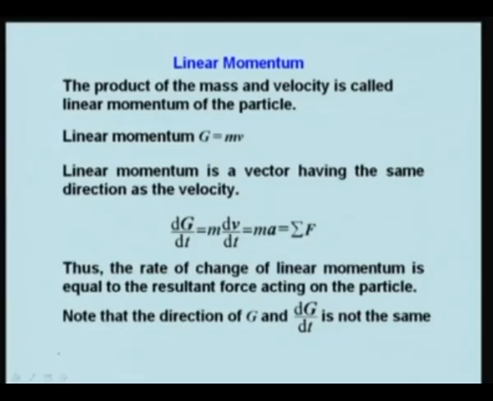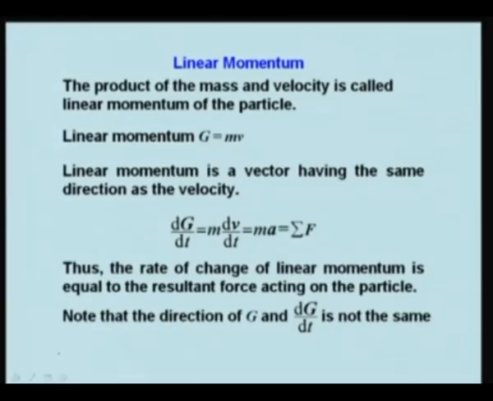Instead of mass into velocity square, we can have mass into velocity, which is simpler. One can have, of course, mass into velocity cube, but we are not familiar with such a physical quantity which is popular.